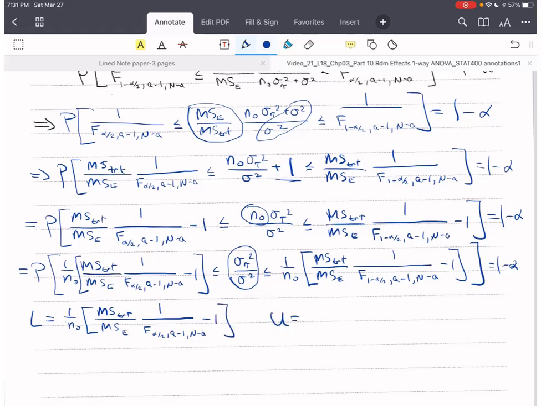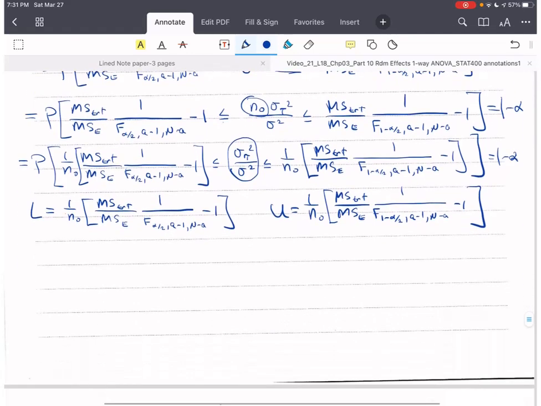And U is equal to the upper number, 1 over n naught MSTRT over MSE, the denominator, 1 over F of 1 minus alpha over 2, a minus 1, n minus a, minus 1. Okay. And now I'm going to have to do some algebra to get the ratio that I want.